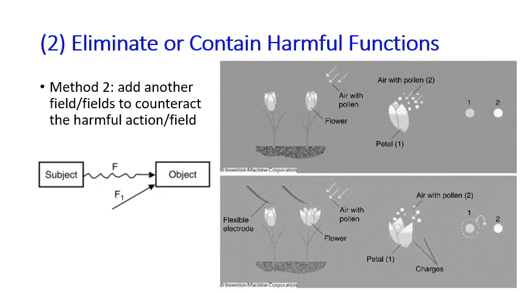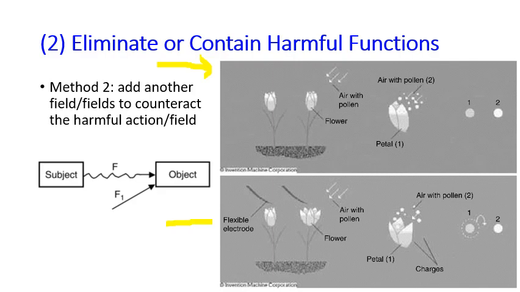We can also eliminate or contain harmful functions by adding another field to counteract the first harmful function. The example here is that suppose we are trying to pollinate flowers. We blow air with pollen to the flower. However, the problem is sometimes the petals of the flowers will not open, so the pollen will not reach the inside of the flowers.